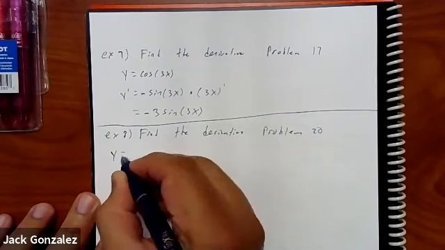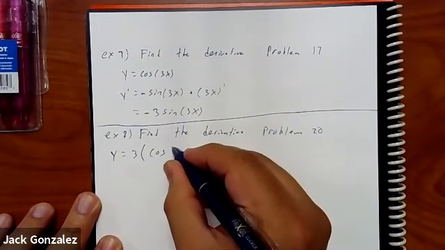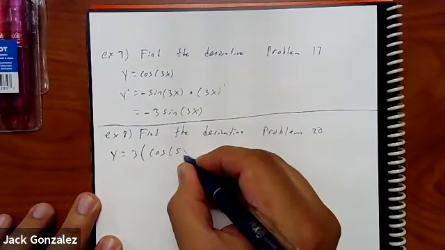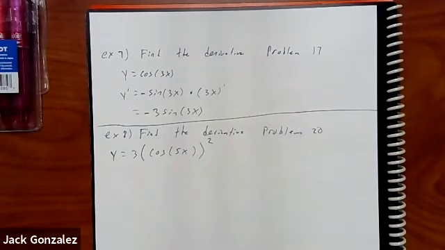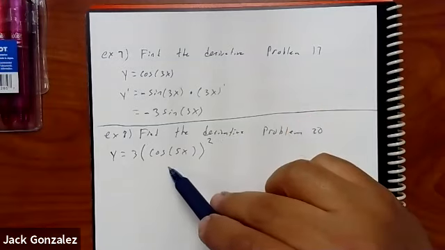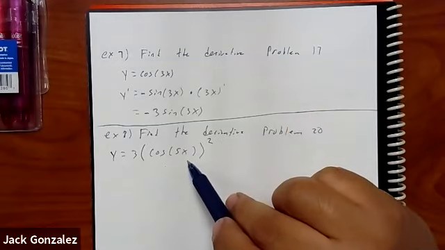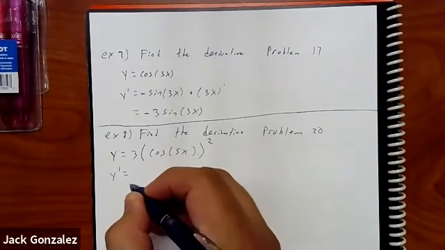So y is equal to 3 cosine of 5x, everything squared. You see how that's three functions, right? A function within a function within a function. So the outer is a square. The next inner is the cosine, and the innermost is 5x. So the derivative will have three pieces to this chain, I guess.